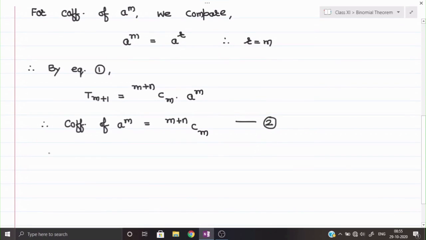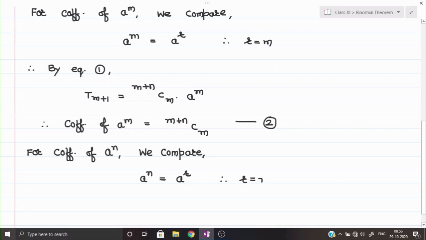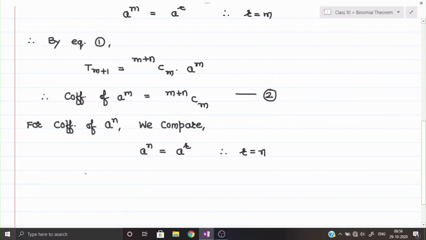So we shall write down in the similar way, for coefficient of a to the power n, we compare a to the power n is equal to a to the power r. So therefore r will be equal to n. Okay, put up the value again in the equation number 1.